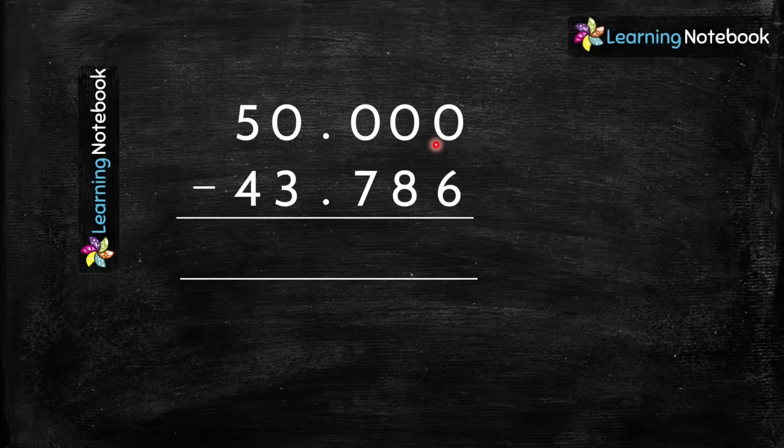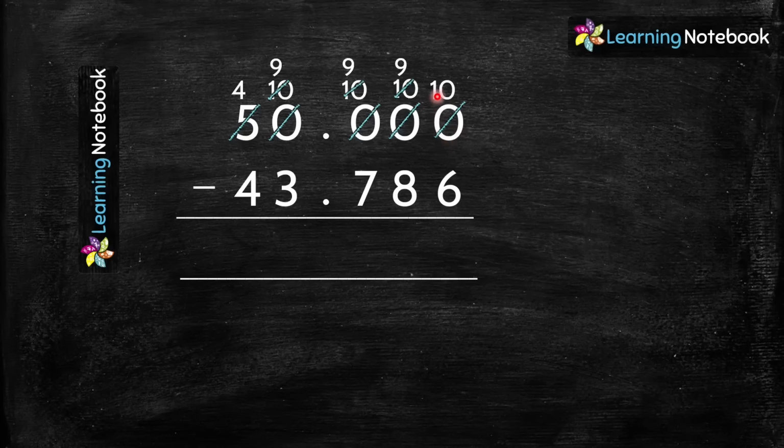So 0 is smaller than 6. So 0 borrows from 5. So 5 becomes 4. And students, we keep on borrowing until 0 becomes 10. And finally, this 0 has become 10.